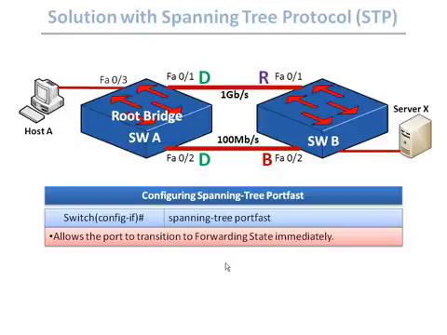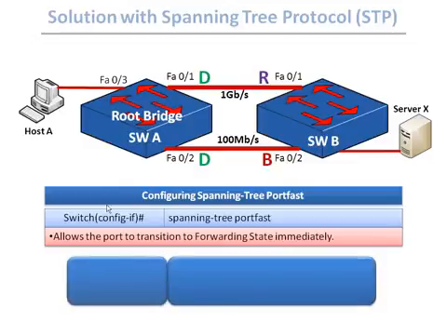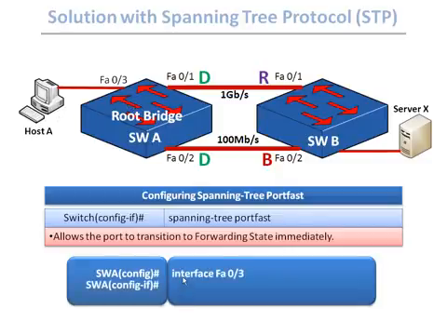So in our case, if we want to configure PortFast on host A and we don't want to make it wait, we would have to go into global configuration mode and go to the interface that is connected to host A. In our case, the interface is F0/3. That is why I'm typing the command interface F0/3, which will take me to the config-if submode, the subinterface.